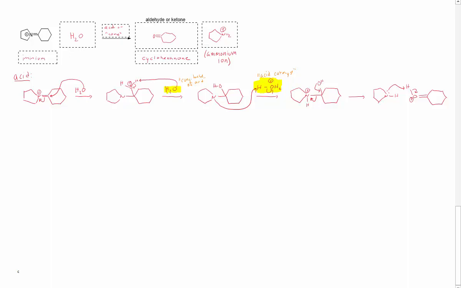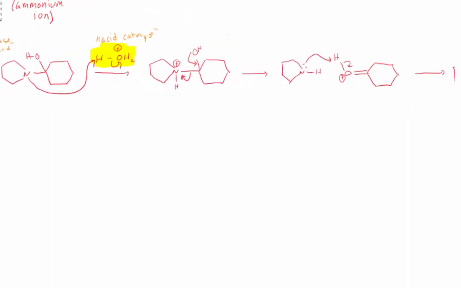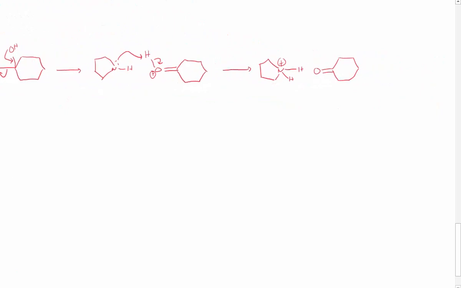Okay, speaking of backwards, let's do the reaction in the reverse direction. So we're going to come over here at the end, and we have a ketone. Here's the ketone. This ketone can react with the ammonium ion.